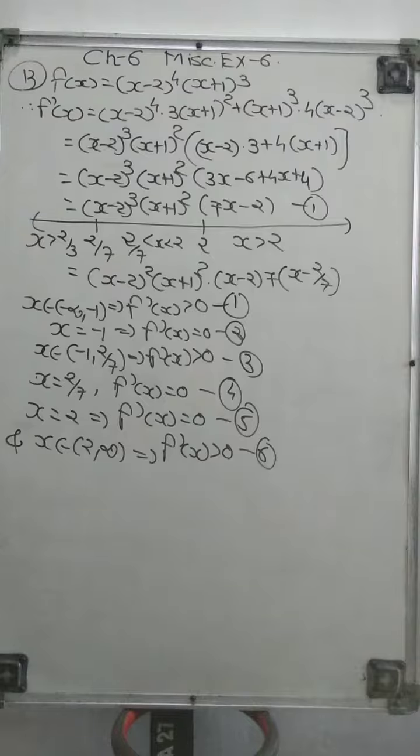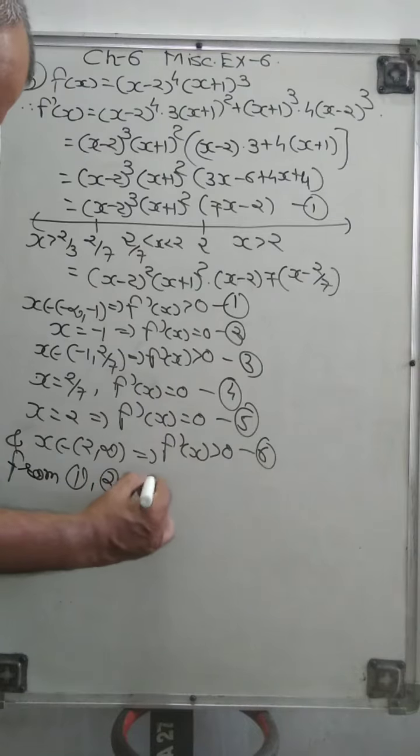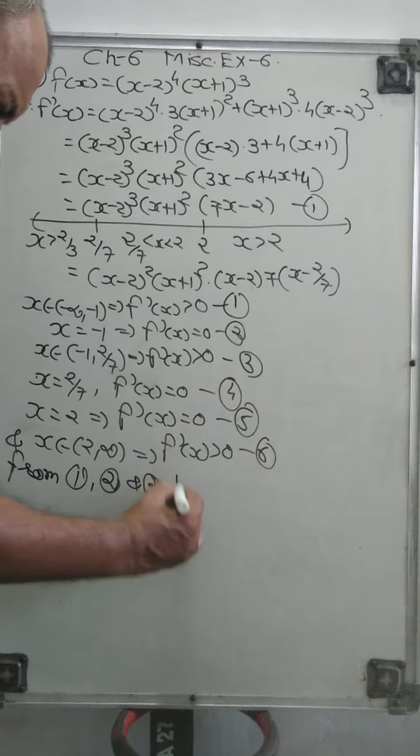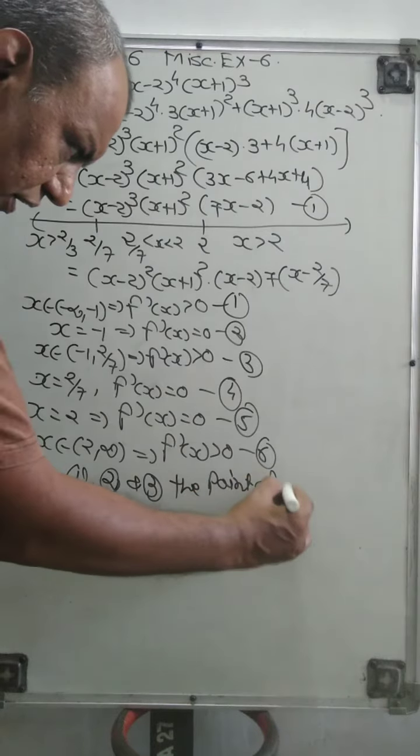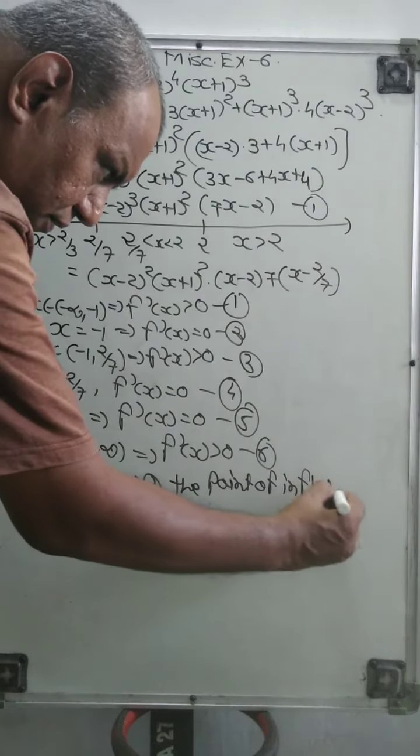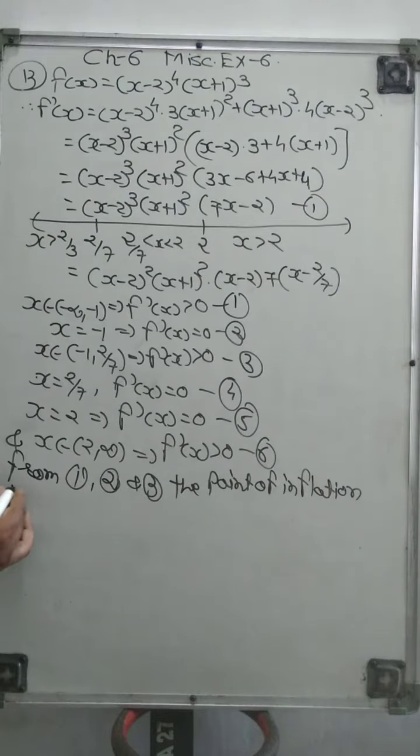So from 1, 2 and 3 the point of inflection is x equal to -1.